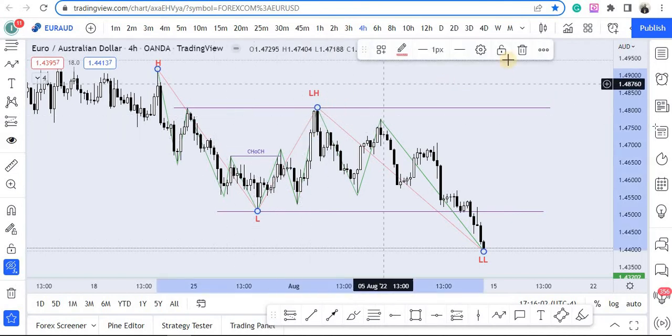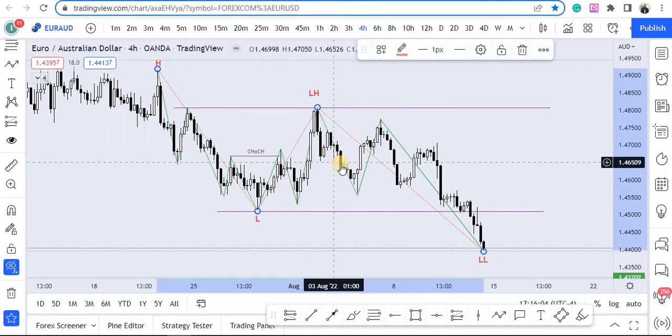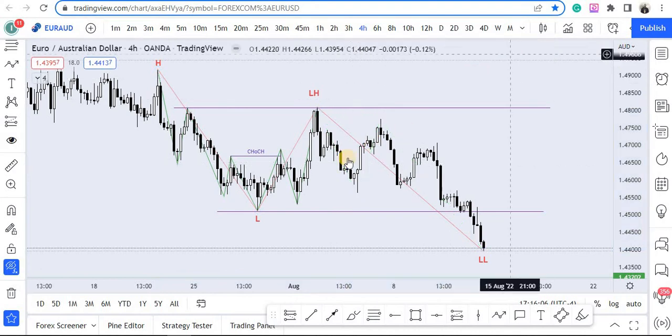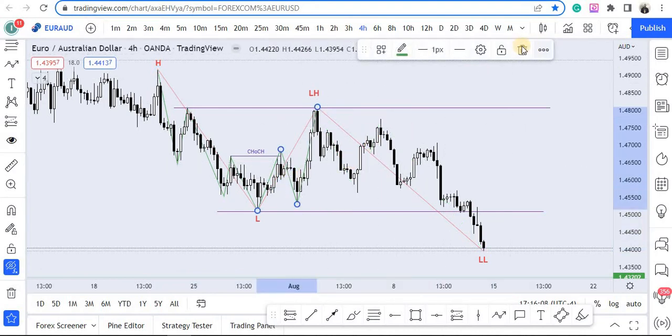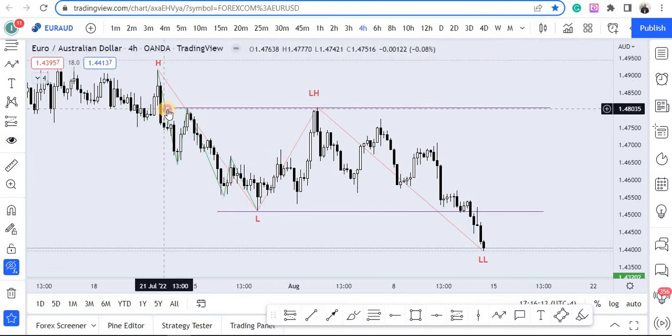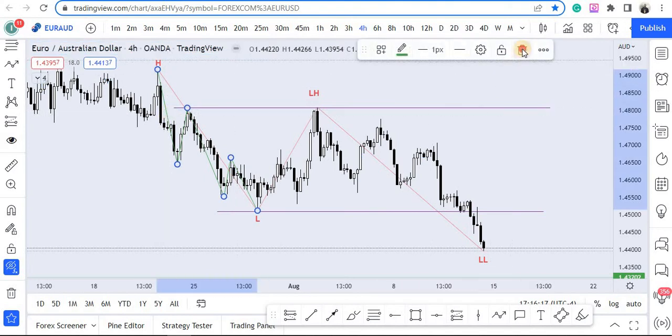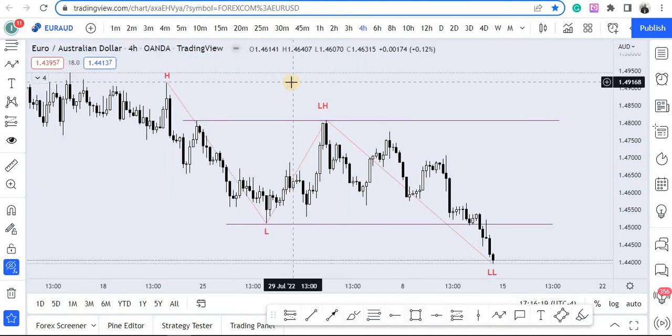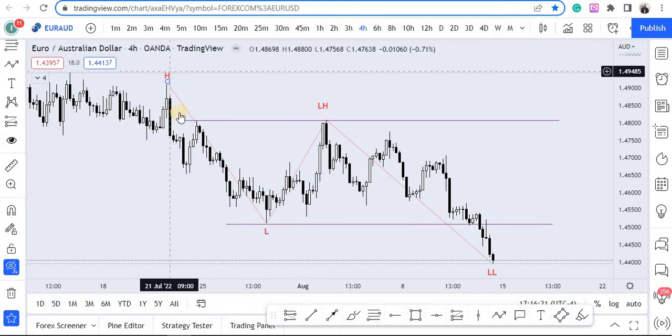So let me delete these internal structures, including this change of character. Deleted.